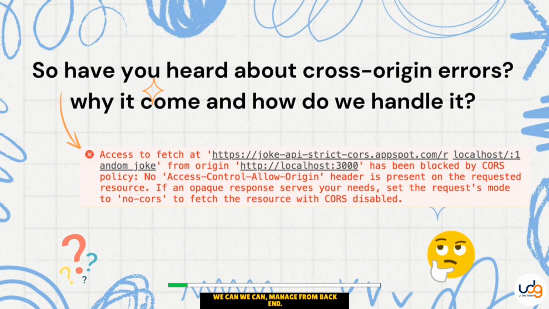We can manage it from the backend. We specify some domains on our server side, and when we try to make a call from a different domain, it gives us the CORS error, because this domain is not registered with our server, so you can't call it. To resolve this, we have to register that domain on the server side.